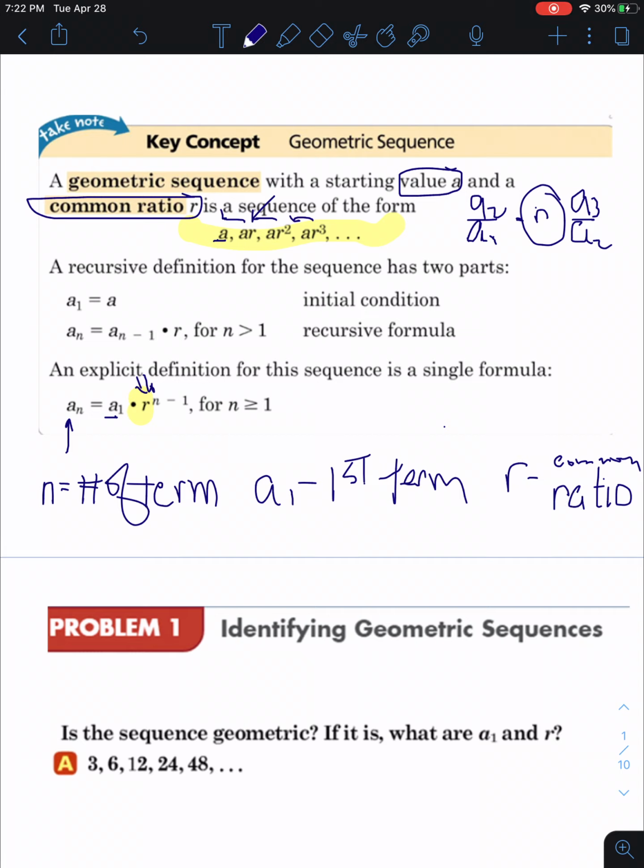So there are our three values that we're going to be looking for. For each of the sequences, we're going to try to determine the first term and the common ratio, and then we can go from there to find the nth term.